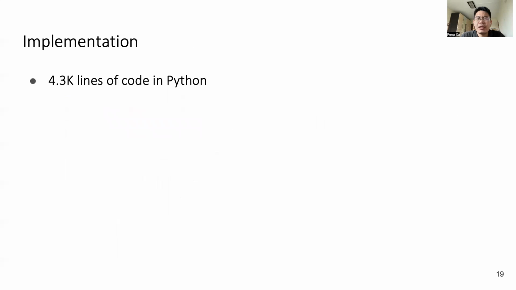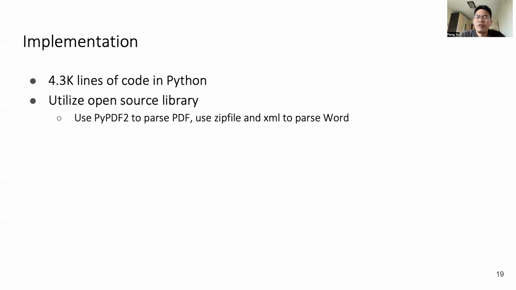For implementation, we developed Cooper in 4,300 lines of Python code. And Cooper has utilized some open source libraries. In particular, it utilizes the PDF to Python library to parse PDF format. It uses zip file and XML Python libraries to parse Word format.